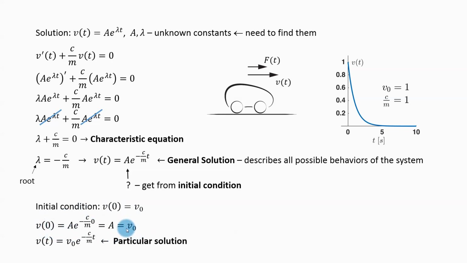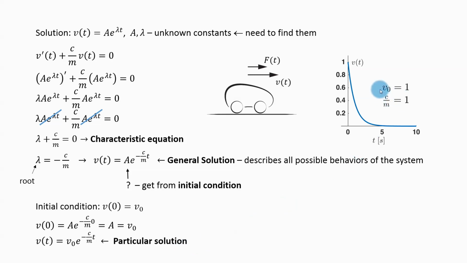That means that a is equal to v0. So now I can substitute this v0 into my general solution and I will get this. This is the specific way how the velocity of my car is going to behave for this initial condition. And we call this the particular solution.